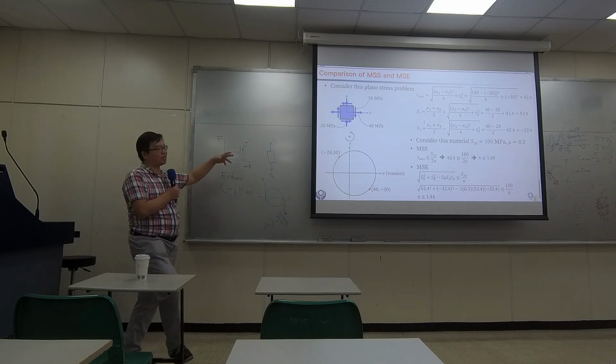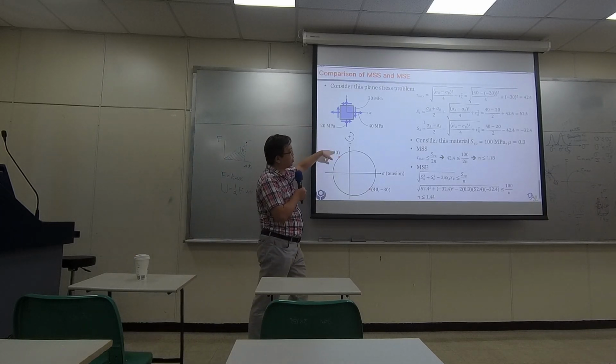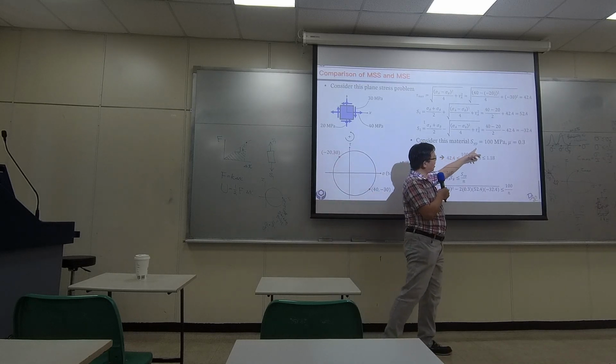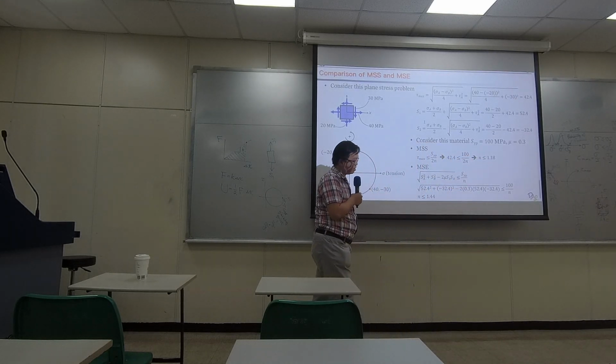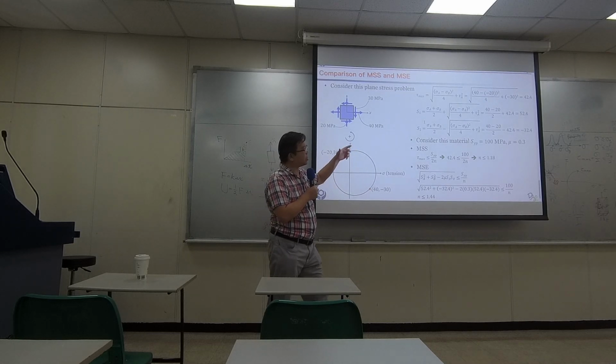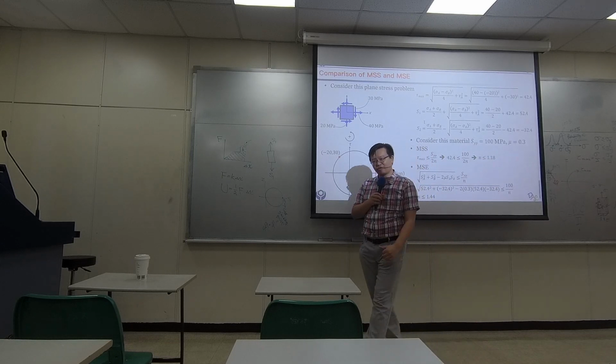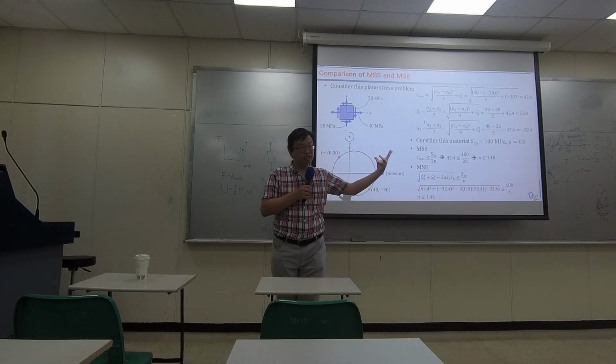for example, they are designing a mechanical part truly carrying this kind of load and truly having a Young's modulus, material property of yield strength 100, Poisson ratio 0.3 right there. That's what they truly do.